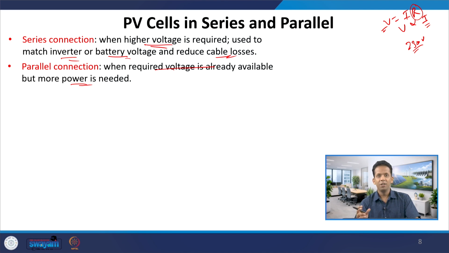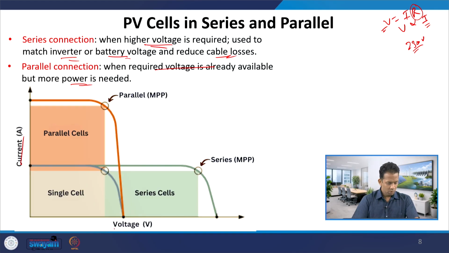So there is no point in increasing the voltage further when the desired voltage is reached. So on the current and voltage curve for a single cell, if this is the IV curve, for series the voltage will go on adding. So if for this cell voltage is V1, here it is V2, the voltage will be V1 plus V2. Similarly for parallel, the current will be added at constant voltage.